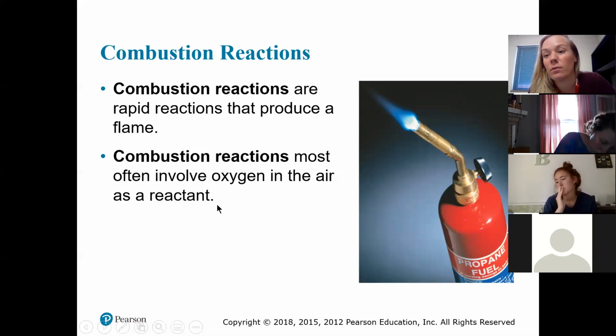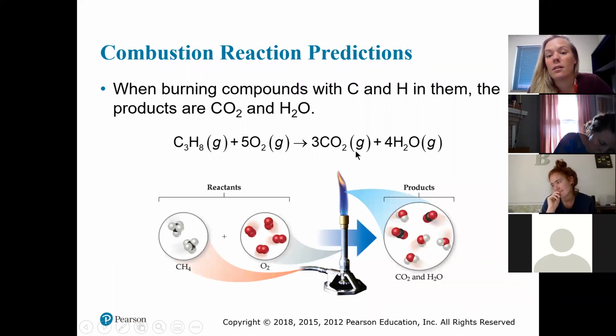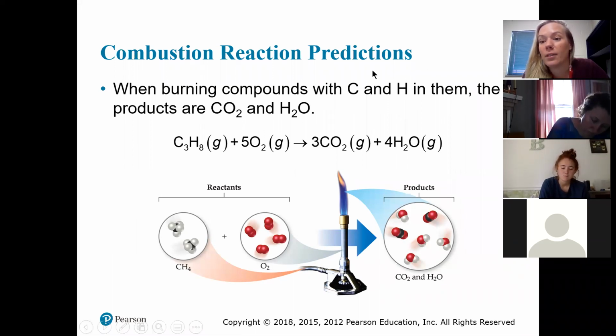So you have some sort of hydrocarbon, carbon-hydrogen mixture, carbon-hydrogen-oxygen mixture. You mix it with oxygen and you produce consistently CO2 and H2O. So when burning compounds with carbon and hydrogen in them, the products are going to be CO2 and H2O. So now you know the products of a combustion reaction.